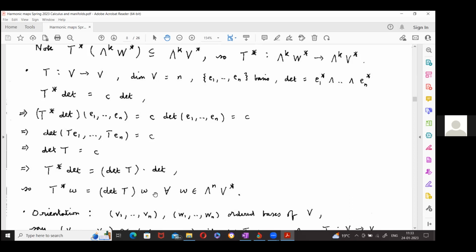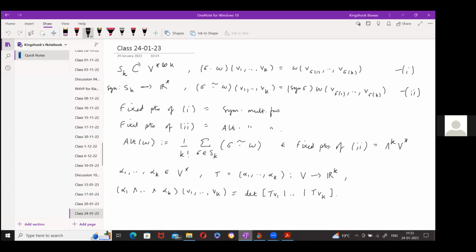Okay, so actually what is happening, this wedge n V star is a one-dimensional vector space, right? So I have a linear map T star pullback from wedge n V star to itself.